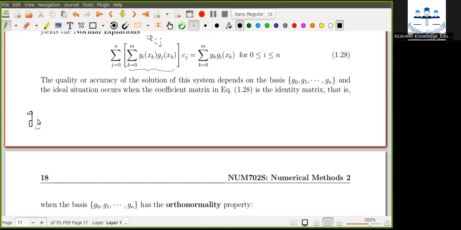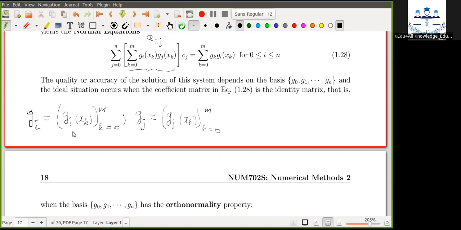Okay, so if we take this g_i as having components g_i(x_k), where k runs from 0 to m, and we do the same thing for g_j, we write that it has components g_j(x_k), where k also runs from 0 to m.